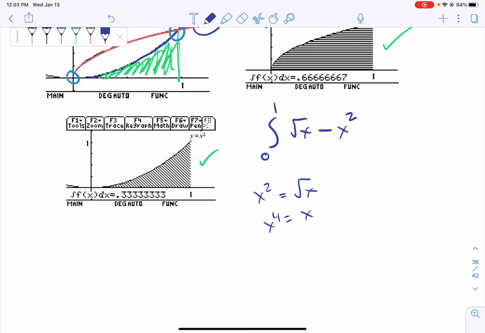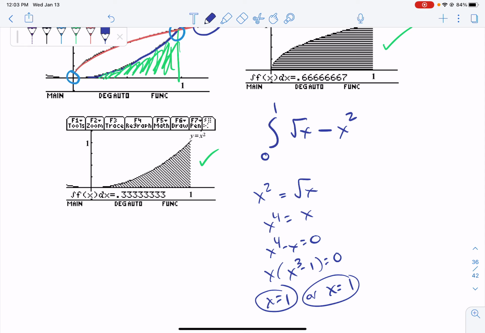I'd square both sides, and then I'd get x to the fourth minus x equals 0. Factor out an x, equals 0. That means x equals 0, or x is going to equal, what, positive 1? Because 1 minus 1 is 0. So those give me my limits.